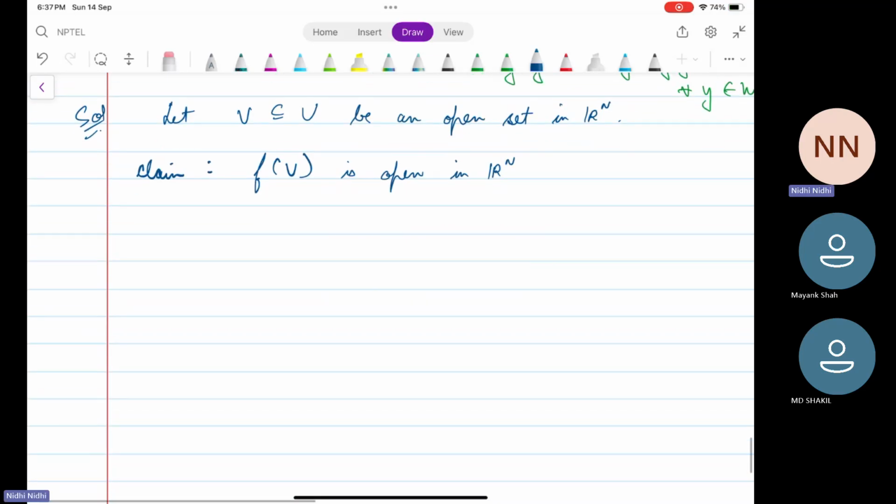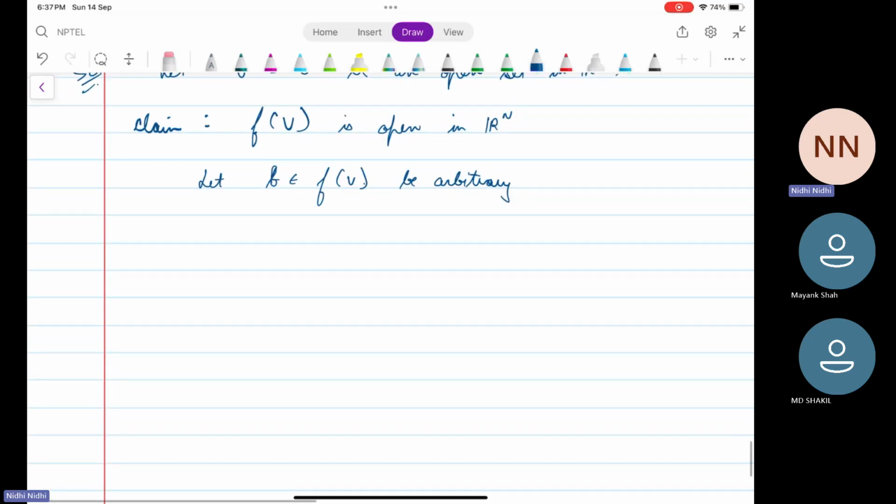Now if I start with some point b belonging to f(V), be arbitrary, we need to show that there exists an open ball around b which is contained completely in f(V).